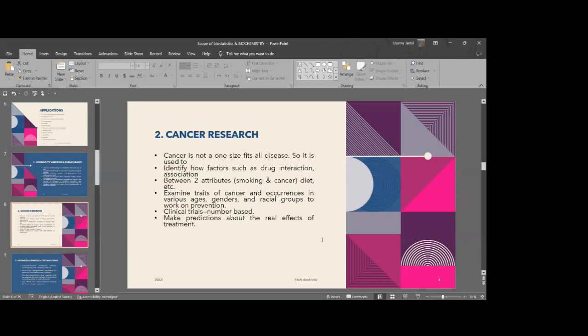So biostats is being actively deployed in this portion. We examine traits of cancer and occurrences in various ages, genders, and racial groups to work on prevention. We cannot assess when a person is going to have cancer, maybe it's their hard luck, but we can assess how it is progressing, or where it occurs the most, in which age, gender, and racial group, so we can work on prevention.